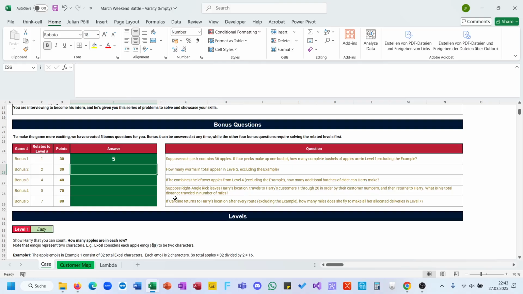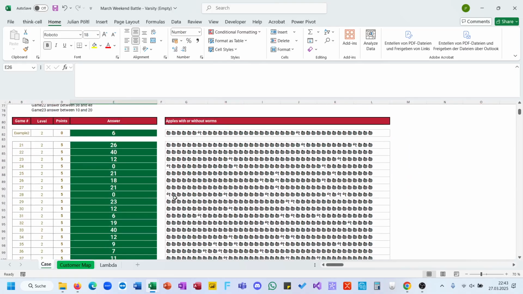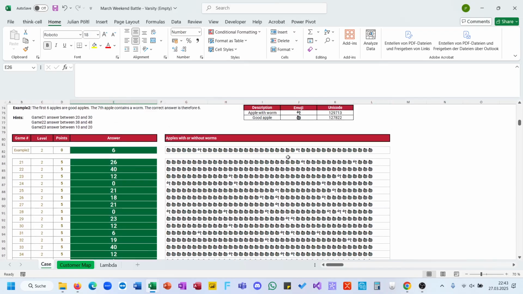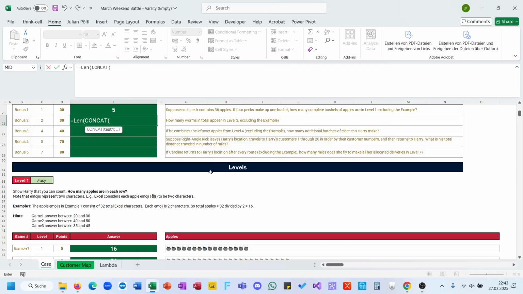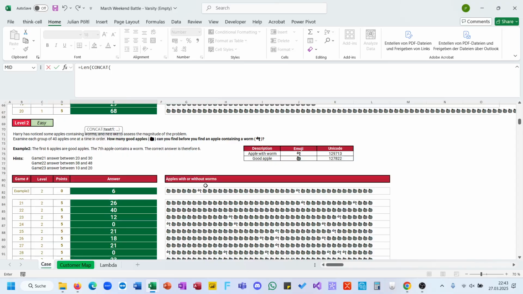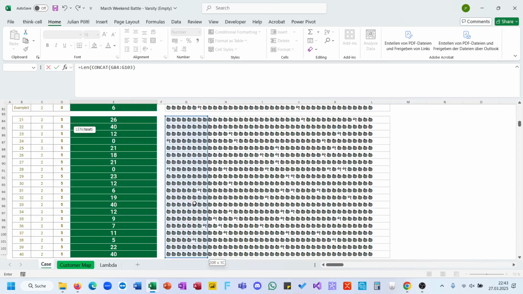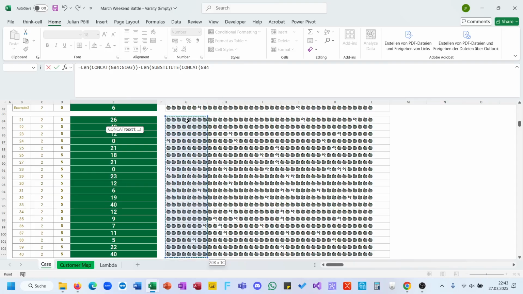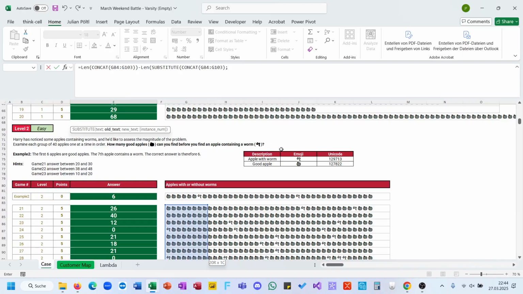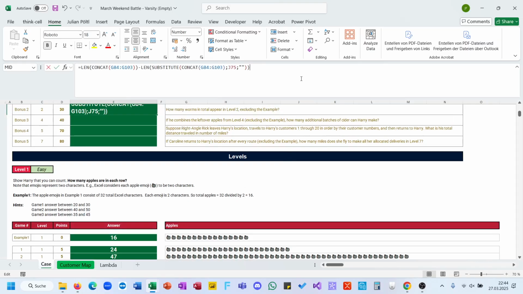How many worms appear in level 2? How many worms are in there? Okay, len of concat, excluding example, that's good. Minus len substitute concat and substitute the worm out against nothing. And now this divided by 2.